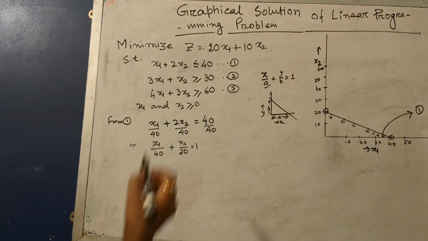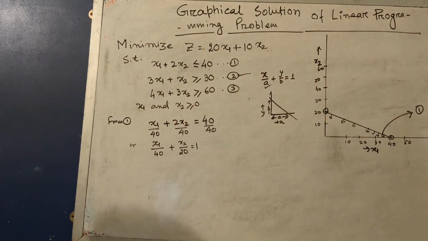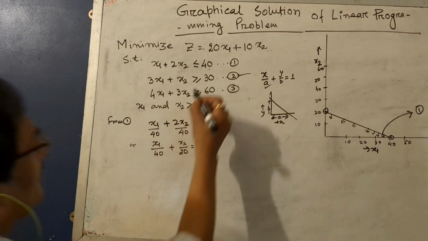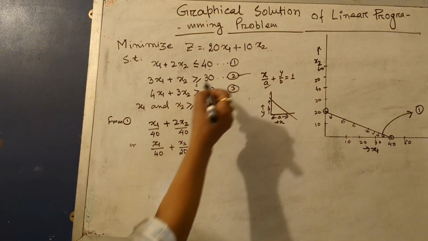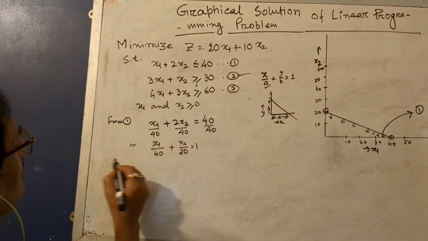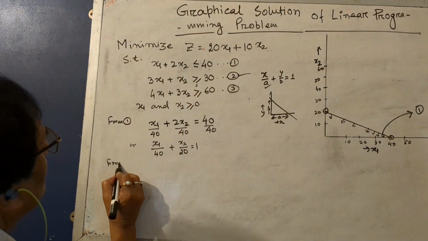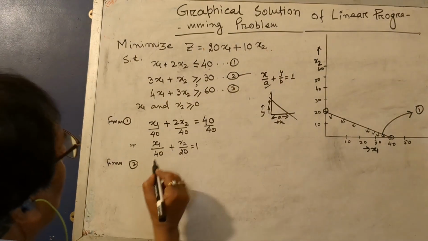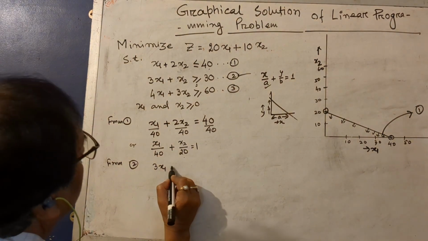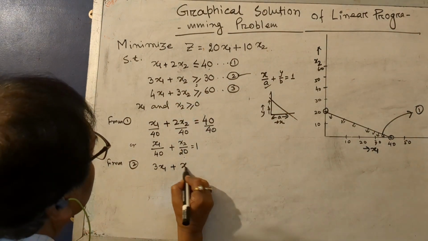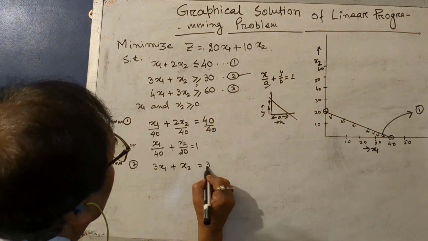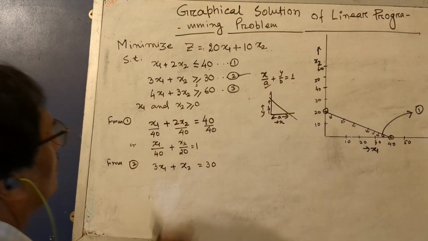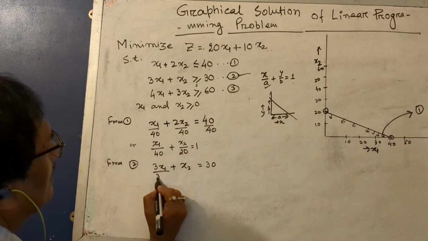Okay. Now we are plotting equation 2, which is of the greater than type. Let us write it. First we will write in this way, from 2 we have to write 3x1 plus x2 is equal to 30, and to make it 1, first divide by 30.